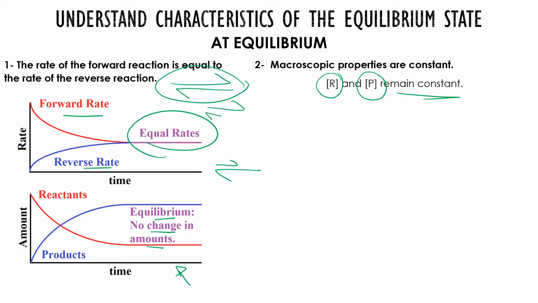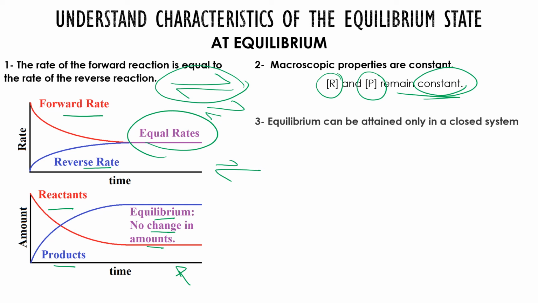Reactants will not increase or decrease, but we will have a fixed amount of reactants and products. Take care, they are not necessarily equal. They might be equal, but it's not a condition for the concentrations of reactants and products to be equal.